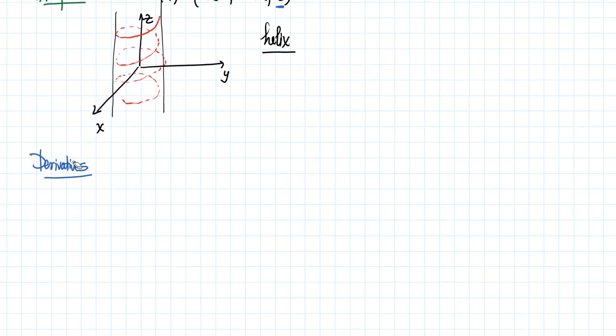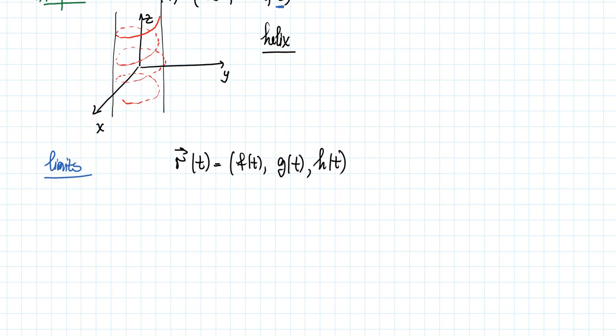Before we can define the derivatives, we need to define the limits. Let's say we're given the vector equation with three components, where every single component is a function of t: f(t), g(t), and h(t).